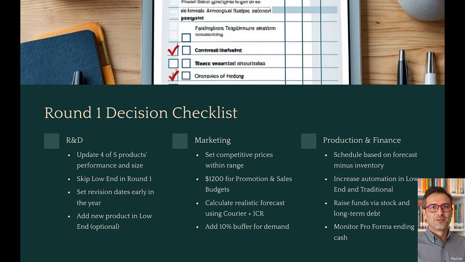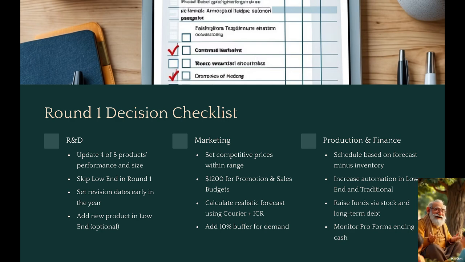Production: schedule based on forecast and inventory, increase automation in low-end and traditional, sell often-unused capacity. Finance: raise funds via stock and long-term debt, use short-term debt only if necessary, avoid emergency loans, monitor pro forma ending cash.